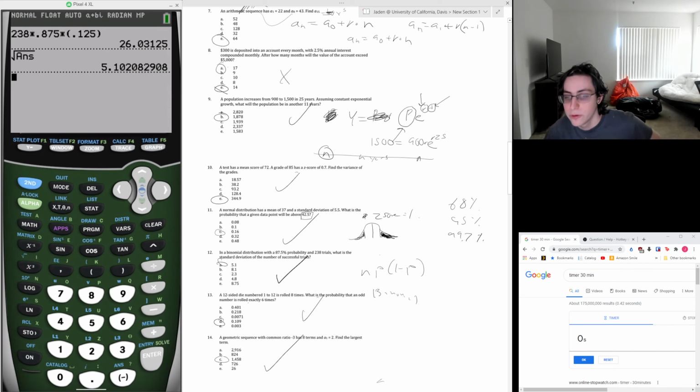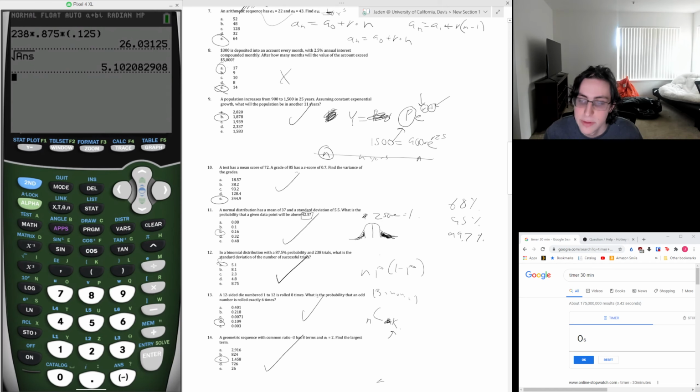So the formula for a binomial distribution of a specific event happening, let's say, is n choose k, times p to the k, times 1 minus p to the n minus k. Here k is the number of times that specific event happens.